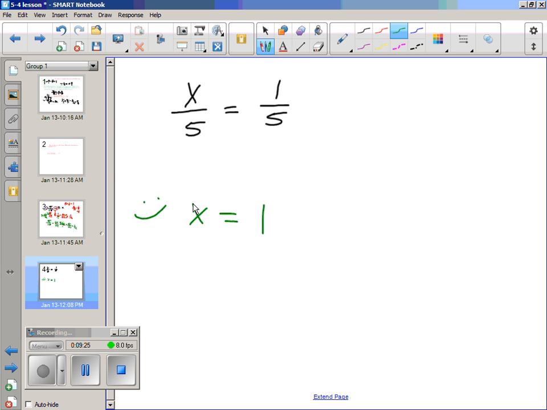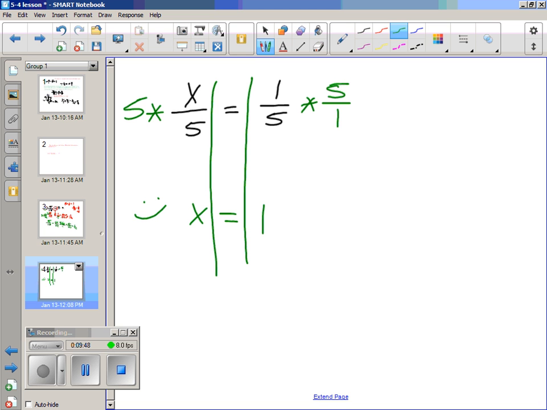Okay? So this says x divided by 5. Our rule is whatever you do to one side, you have to do to the other. We want to get rid of divided by 5. What's the opposite of dividing by 5? So let's multiply this side by 5. And if you do it to one side, we have to do it to the other side.